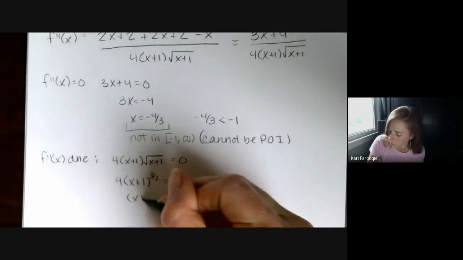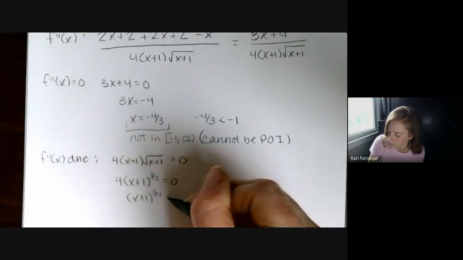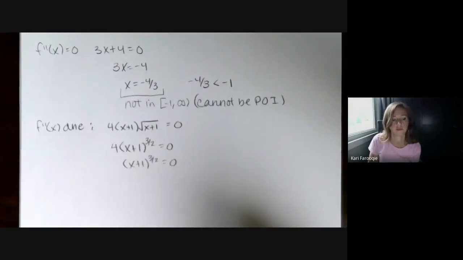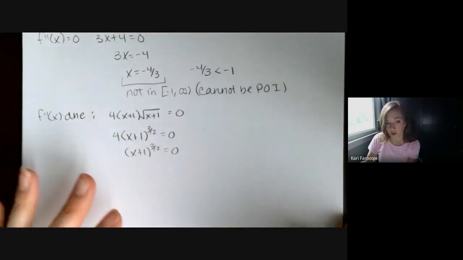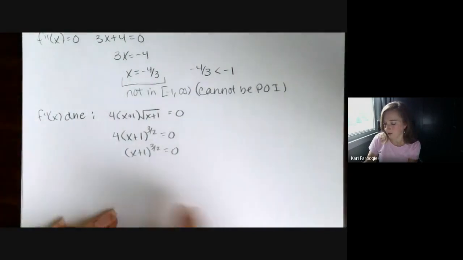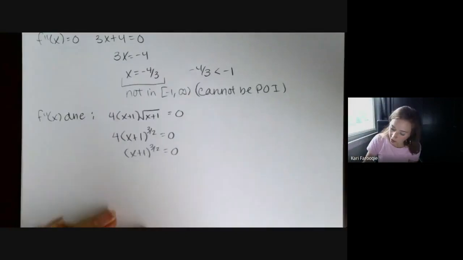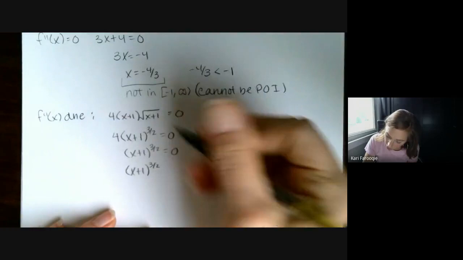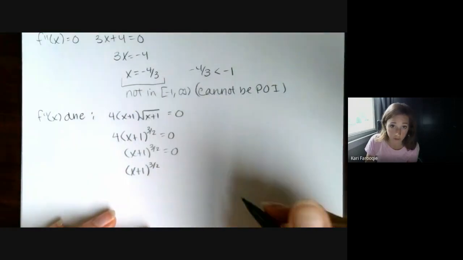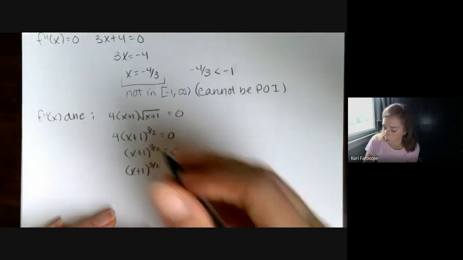Divide both sides by 4. You'll get 0. Now, remember, when you're trying to solve an equation with a rational exponent, you might feel the eyeball. I'm going to rewrite this so that you can see what I'm doing. You want to get rid of the exponent on here. Not entirely. You want the exponent to be 1.